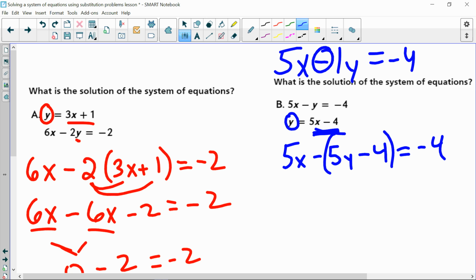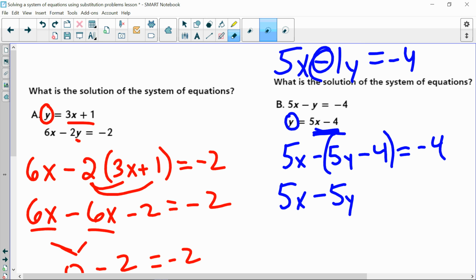Well, I need to take into consideration I have a negative there. So I do need to write the parentheses, and now I get 5x -1. So this would be a -1 times 5y, because even though you don't see a 1 after that negative, technically it is. So subtract 5y.